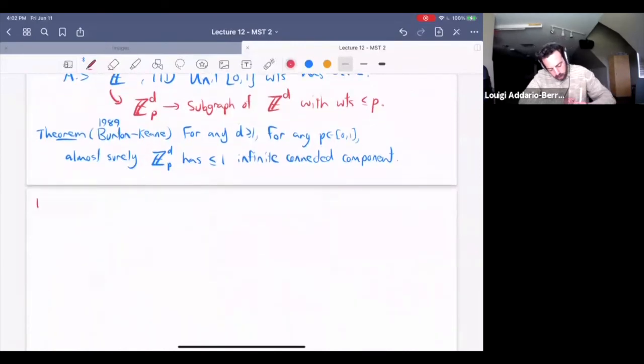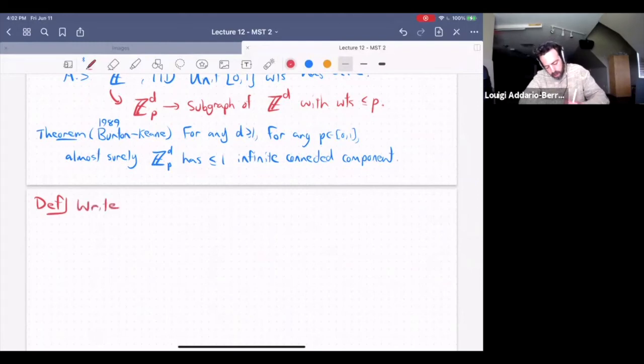Right. So continuing on, I want to define a quantity which is analogous to the survival probability. For Poisson bien-aimé trees, we defined this theta of lambda, which was the probability the tree was infinite. So we want to do a similar thing for percolation.